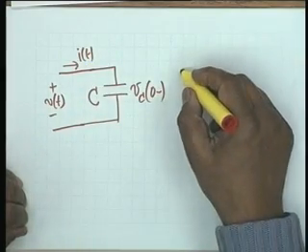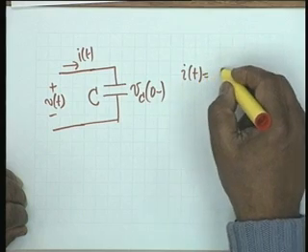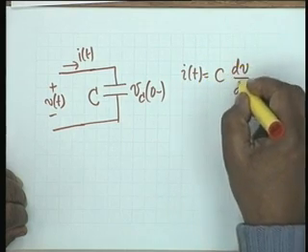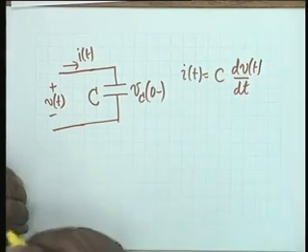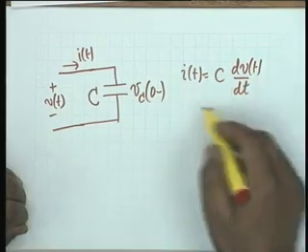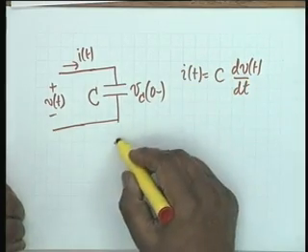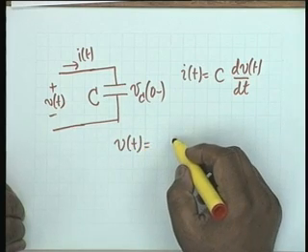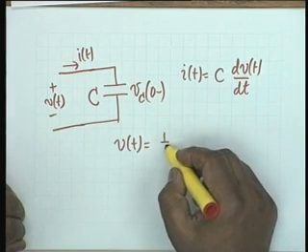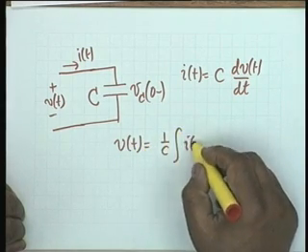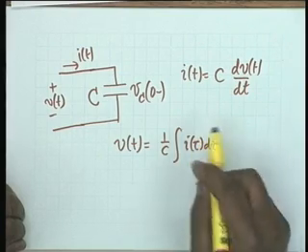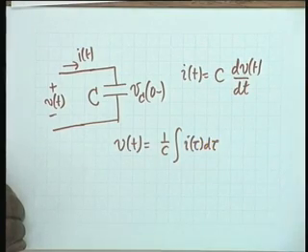Then, as you know, I of t is simply equal to C dV dt. Okay. This is independent of initial conditions. However, if you want to find out V of t, then of course you shall have to integrate, that is 1 by C integral I of tau d tau, and the limits have now to be put carefully. Upper limit would be t.